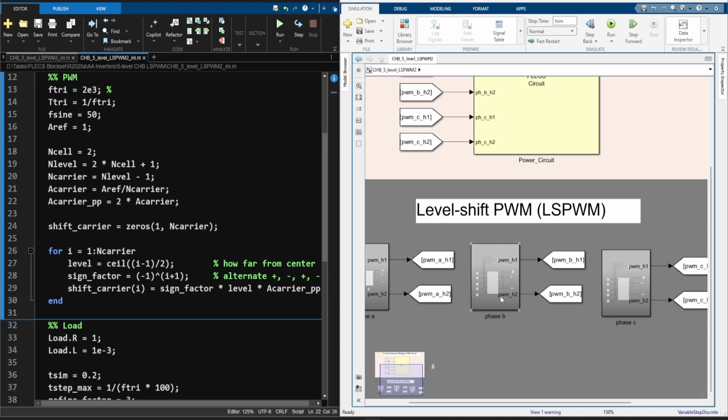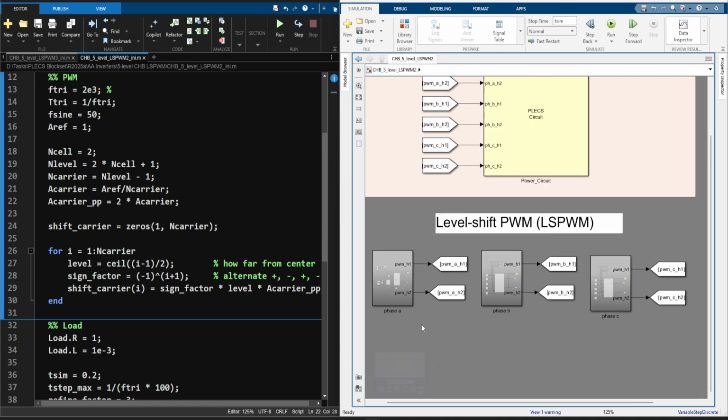So if you go here, as I said, you could have taken only one block here and generated all the signals for all three phases, but since that is a messy situation, I decided to separate for each phase.